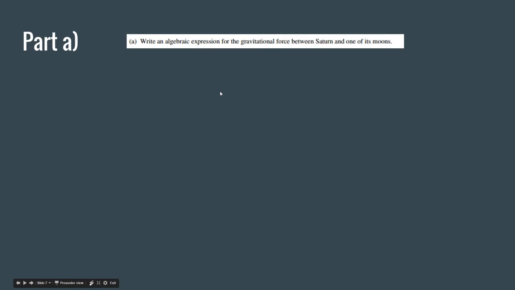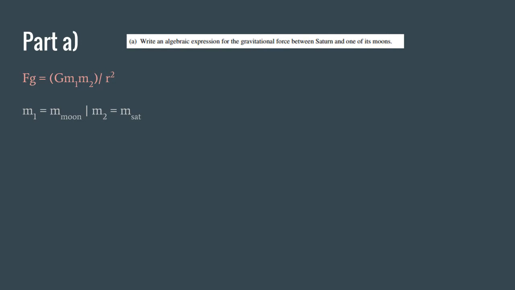Alright, part A. Part A asks us to write an algebraic expression for the gravitational force between Saturn and one of its moons. Based on what I told you earlier about the formulas for gravity we need for this specific free response question, you know from the equation sheet that the force of gravity between any two objects is G m1 m2 over r squared. We're going to do some basic variable substitution here, and we're going to say m1 is the mass of the moon, and m2 is the mass of Saturn.